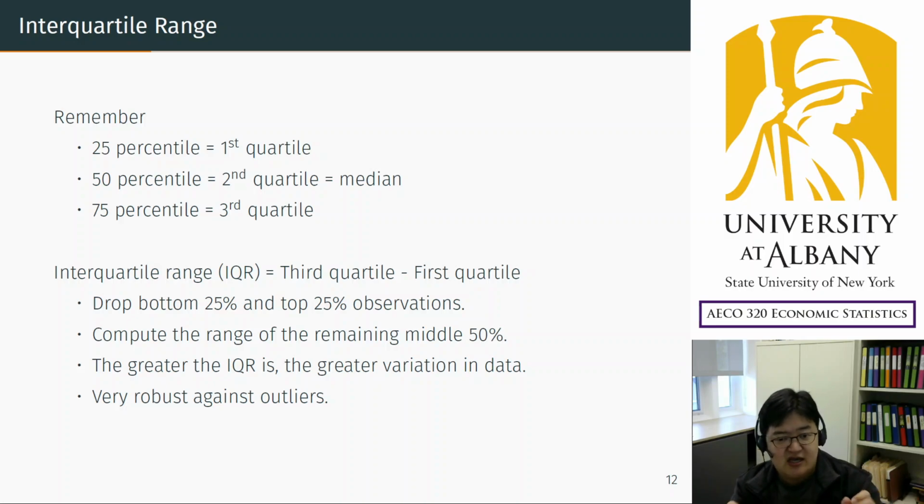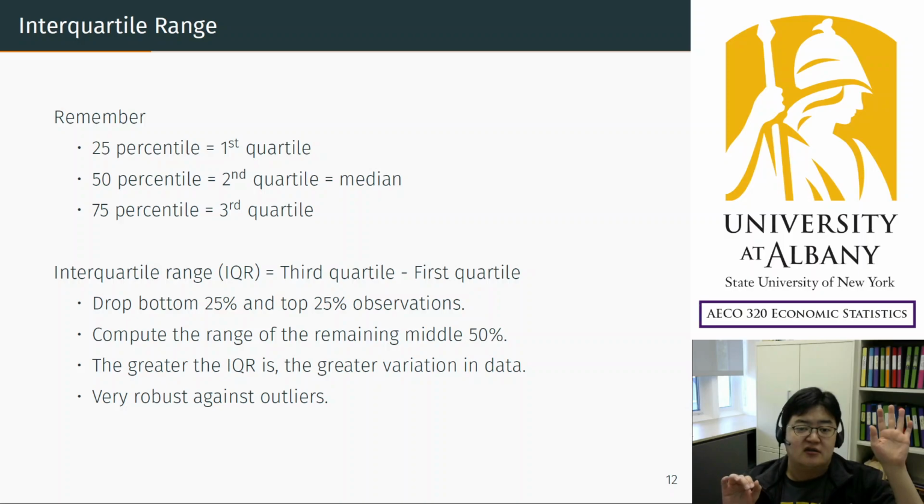In the end, the maximum of the middle 50% will be the 75th percentile, and the minimum will be the 25th percentile. So it is a variant of the range, calculated after dropping the bottom 25% and top 25%, so that even if there is an outlier, it will be ignored.